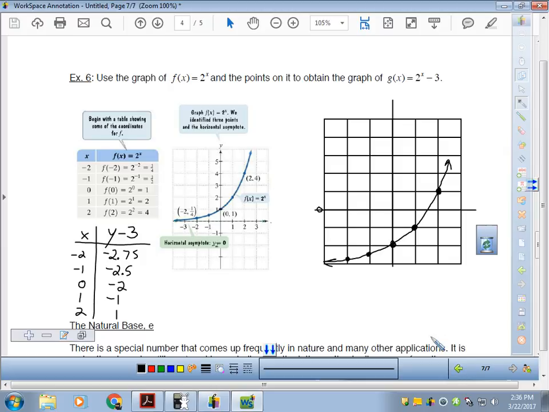It says, what is the base? Well, the base is the number that has the exponent on it. So, like, in this problem, the base would be 2. And so you have to make sure you change that appropriately, otherwise it'll mark your graph wrong because it'll draw the graph in the wrong base number. So make sure you change the base number when you're using the MyMathLab graphing utility.